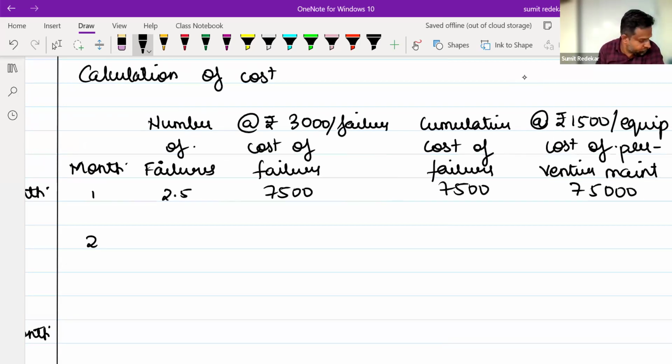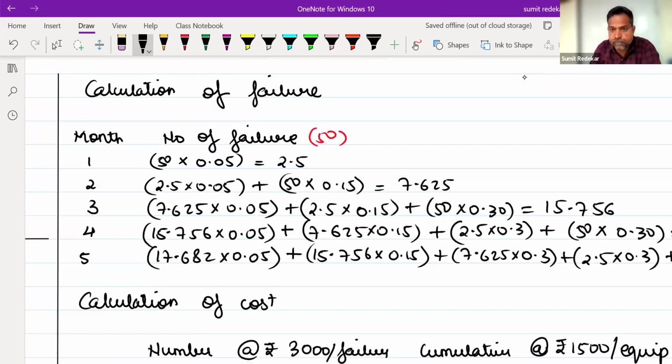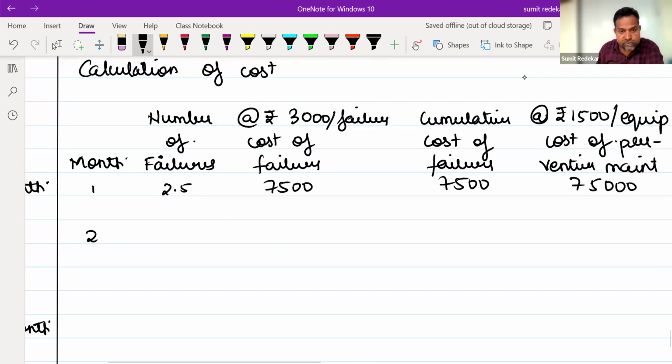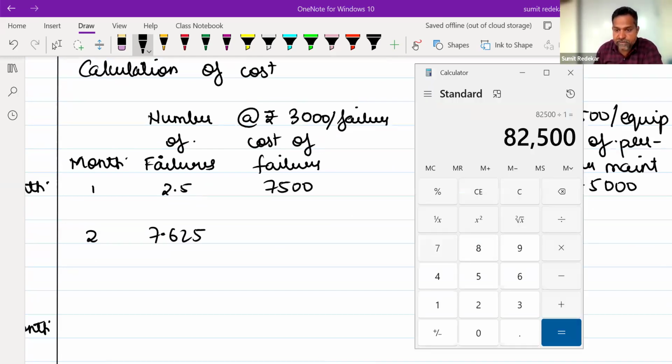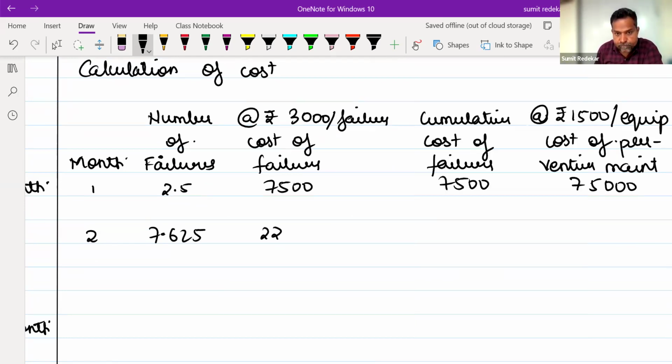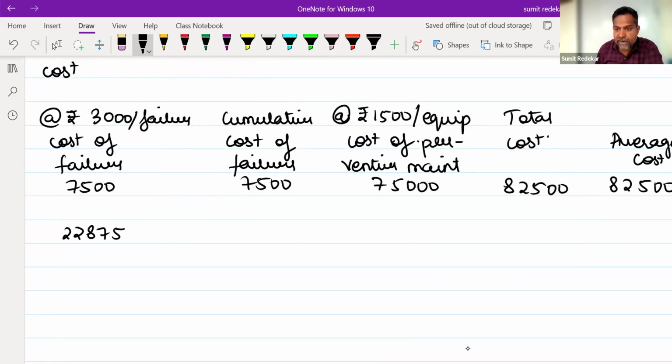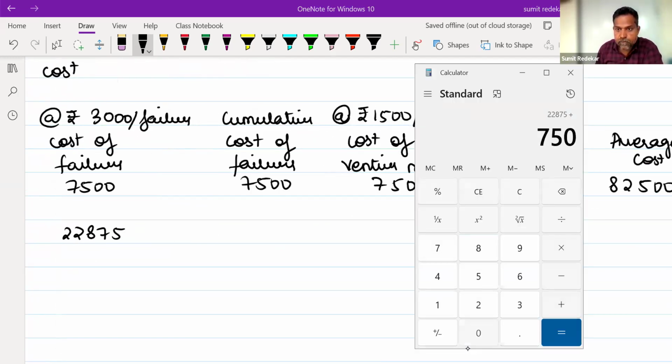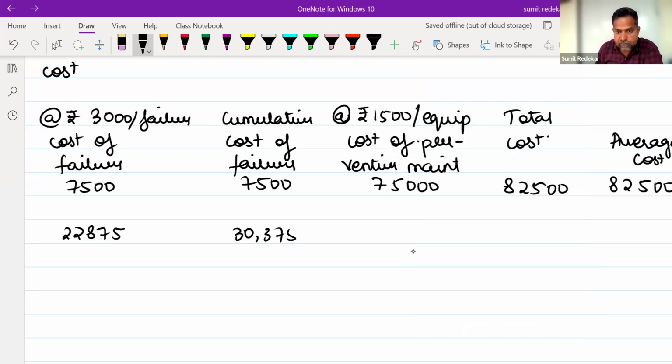Month number 2. 7.625 breakdowns at 3,000 rupees. 22,875. Correct? Accumulate that by adding the 7,500, 30,375.